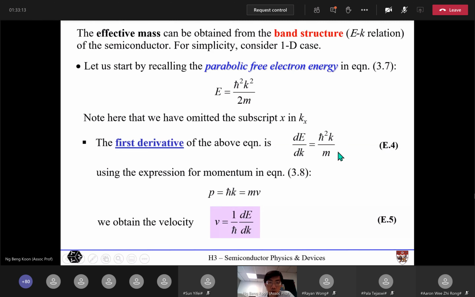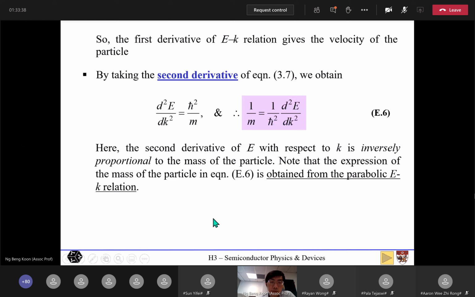In fact, this first derivative is related to momentum, where momentum is h bar k. Put this into the equation and you find a relation for the velocity, which is 1 over h bar times the derivative of the energy against k. So the first derivative of the E-k diagram gives you the velocity component. If you differentiate again, the k disappears, because differentiating k gives 1.